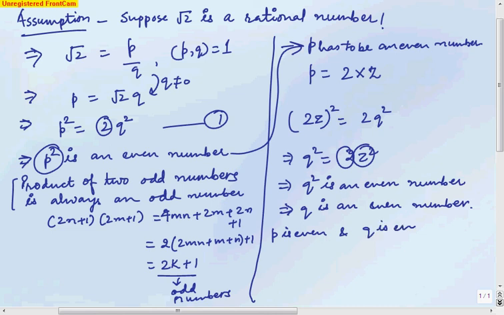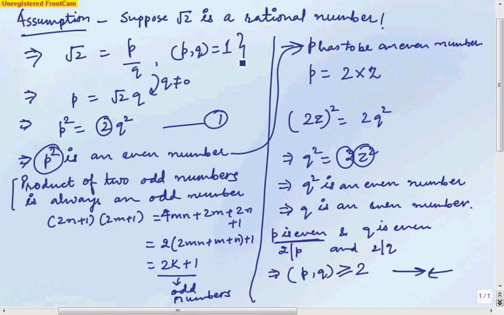So it means that 2 divides p and 2 divides q. It means that when we take the GCD of p and q, that is definitely going to be greater than or equal to 2, that is at least 2, which is a contradiction to the assumption. This is what we assumed, that root 2 is a rational number, so we can assume that it is of the form p upon q with GCD of p and q as 1. So hence we reach a contradiction, hence our assumption is wrong.